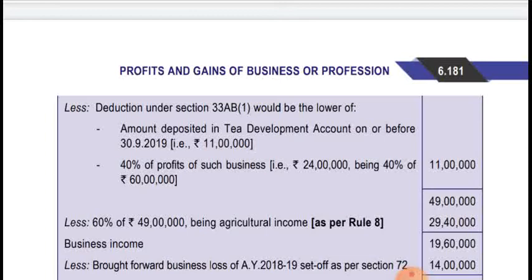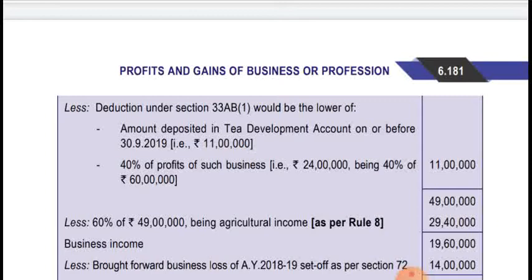In that case, 60% is agriculture income, as you all know that 40% is business income and 60% agriculture income. First we will compute that only. 60% of 49 lakhs being agriculture income as per rule 8 is 29 lakh 40,000, so business income is 19 lakh 60,000.